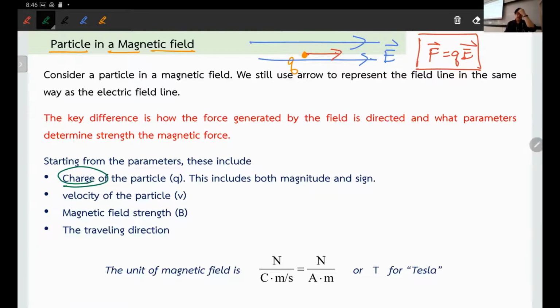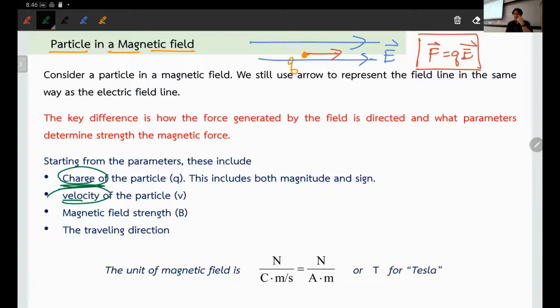Because if you have a neutral particle, it won't experience anything. A neutral particle doesn't receive any electric force, and it's not going to get any magnetic force. It gets nothing, pretty much. So that particle must come with a charge. That's the first requirement. Second thing, this is new: that particle needs to move.